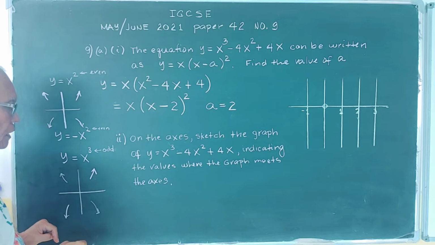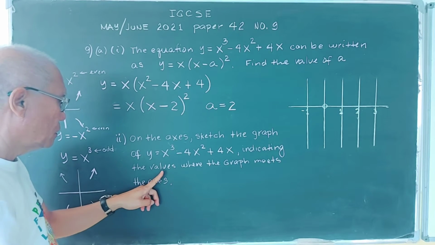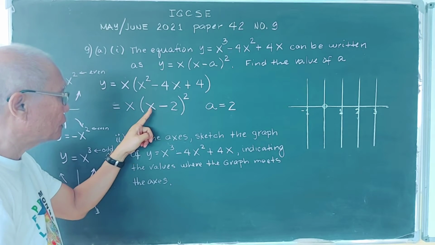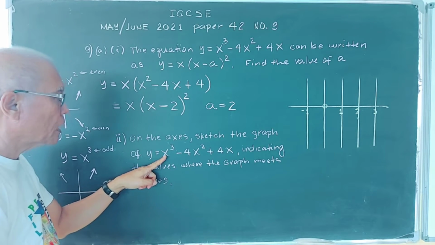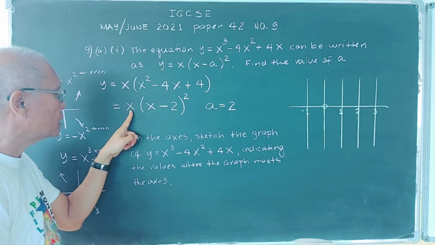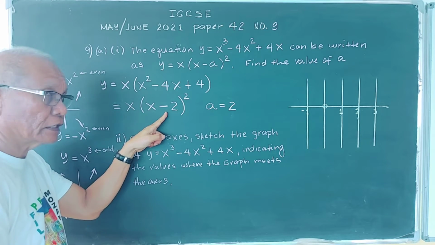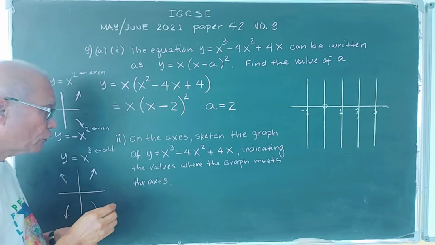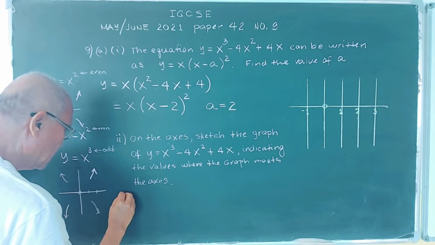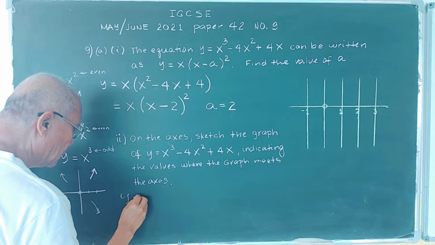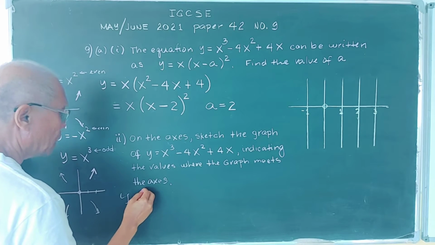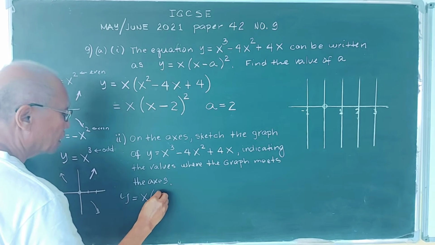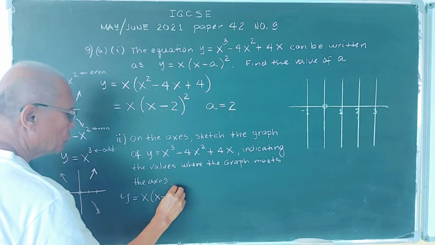Now, what about values? For the values, we will use this one and not this one anymore, because we are going to find the values of x here and the value of x here. So let us find the values where our graph will intersect. y is equal to x times x minus 2 to the second.